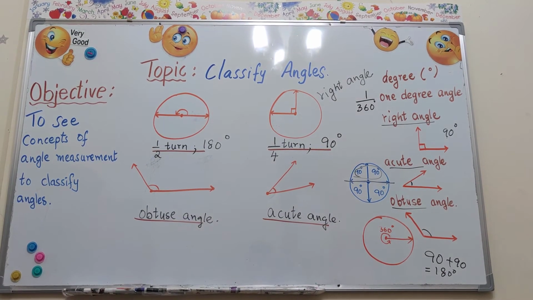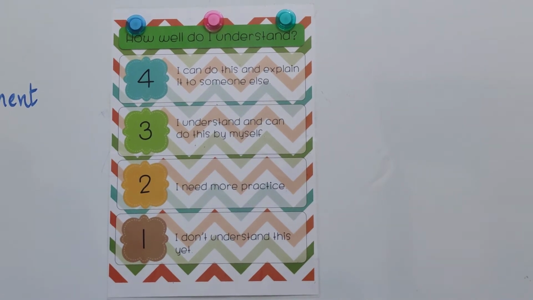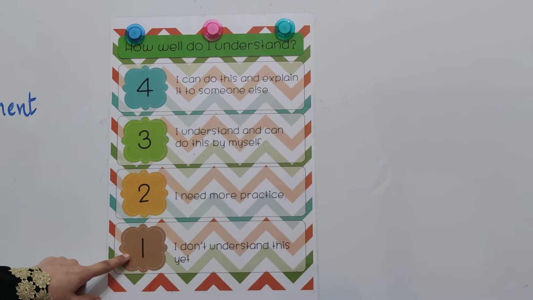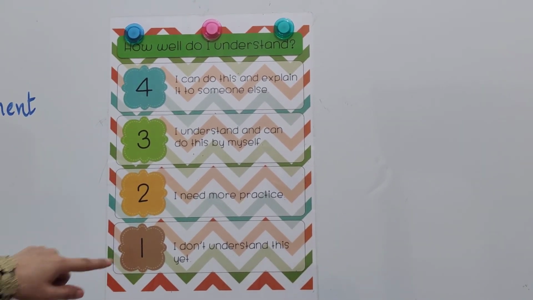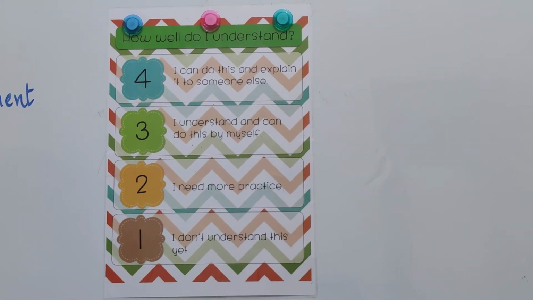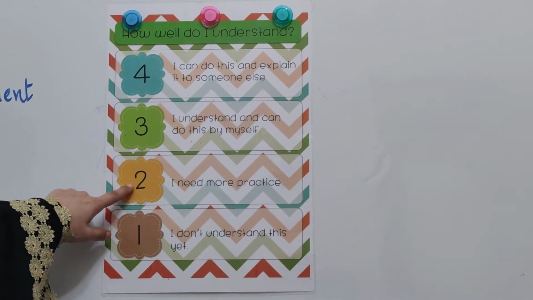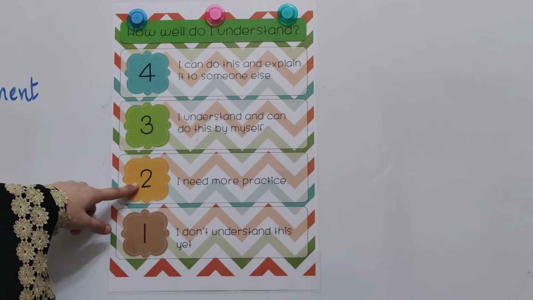Now let's grade the lesson. This is how you grade using the chart. How well do you know the lesson? From 1 to 4. If you choose the number 1, that means you don't know the lesson and you need to watch the video again. It's okay, no problem, you can watch. If you choose the number 2, that means you need a little bit of practice.